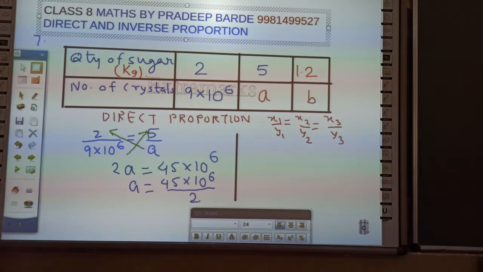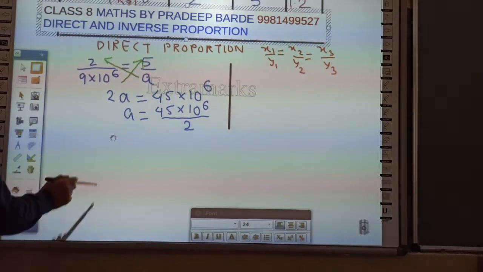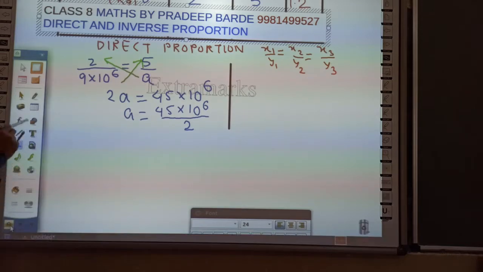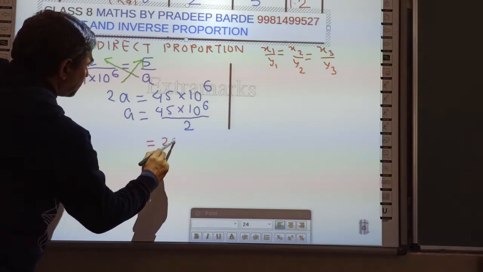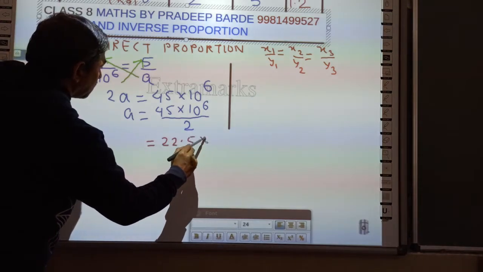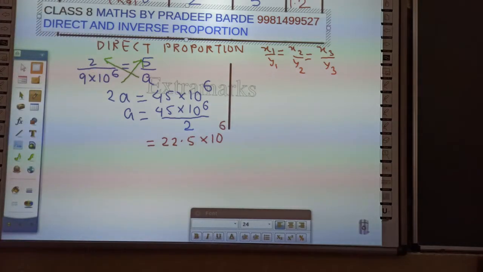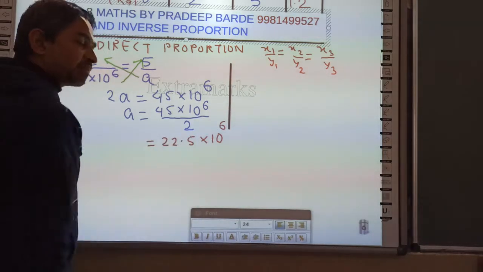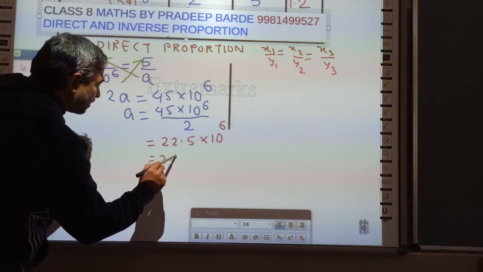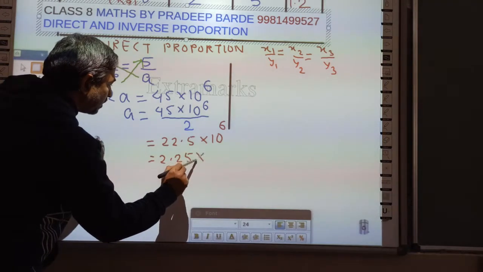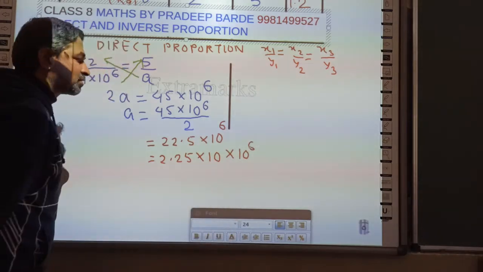Now we'll write the answer in standard form. 45 upon 2 is 22.5 into 10 raised to the power 6. Now this 22.5 when we write in standard form, it becomes 2.25 into 10 into 10 raised to the power 6.